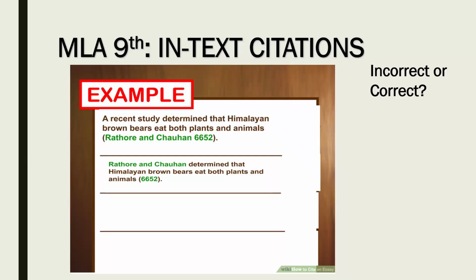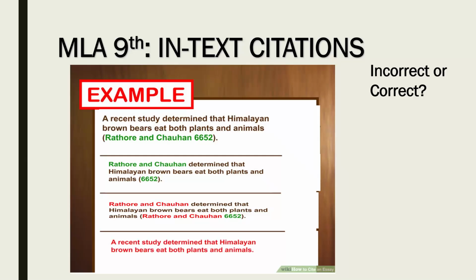In example 3, the authors, Rothor and Chachan, determined that Himalayan brown bears eat both plants and animals, and at the end of the sentence we have an in-text citation that again mentions both authors and provides a locator in parentheses. And in our fourth and final example, no author or authors or locator is provided.